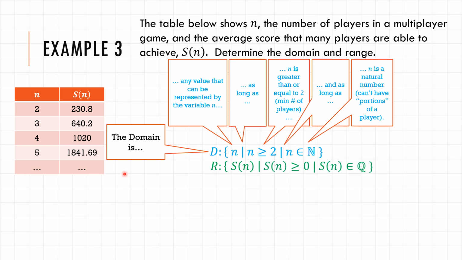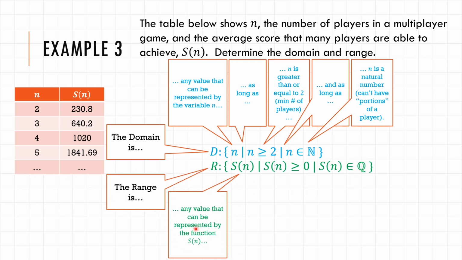Whereas for the range, this actually can be a piece of something greater. So the range is described by s of n such that s at n has to be greater than or equal to 0, right? Somebody could technically play this game and not touch the controller or not do anything at all, and their score would just be a blank 0. But whatever it is, the kind of answers you get from here have to be rational, right?